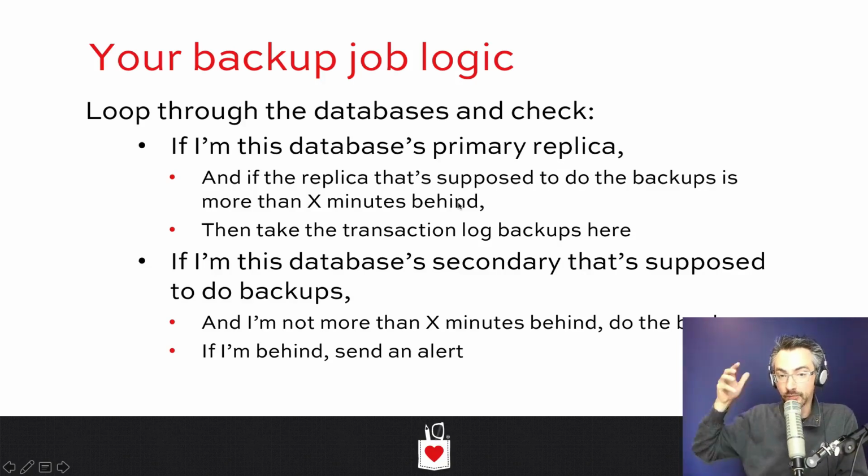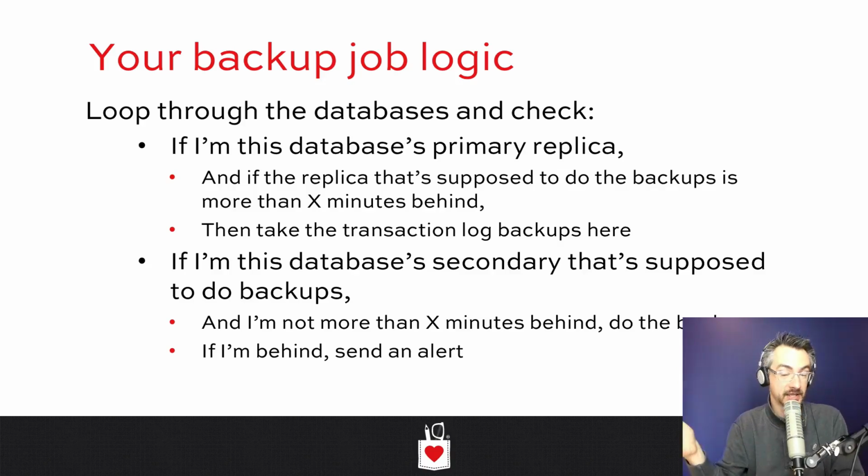If replication breaks between my primary and my secondaries, the secondaries will still happily do log backups for a period of time, but they're not backing up anything current. I, on the primary, have to say, oh, you know what? Those guys are more than 60 seconds or however long out of sync. I better go ahead and take a full backup here.